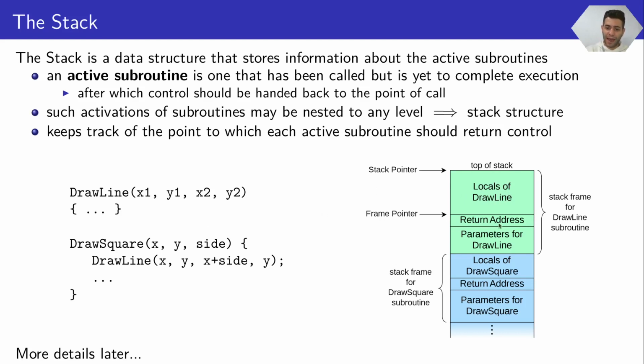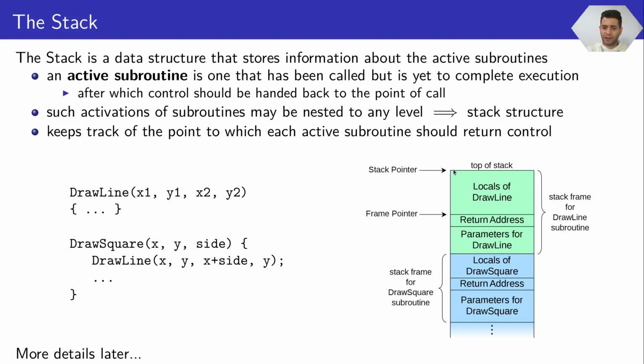The return address will be exactly this point after the draw line. So after the end of the execution of draw line, we must give back the control, we must change the flow, we must return here after the first invocation. And then we have the parameters of draw line, x1, y1, and so on. So this is the stack frame of the draw line subroutine.